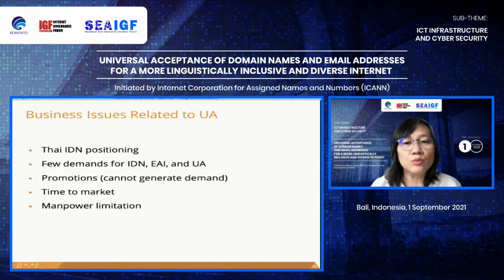Up to August, .thai has increased around 35% during this year, and we expect to reach 30,000 domains by the end of the year, which will mark a 50% increase.